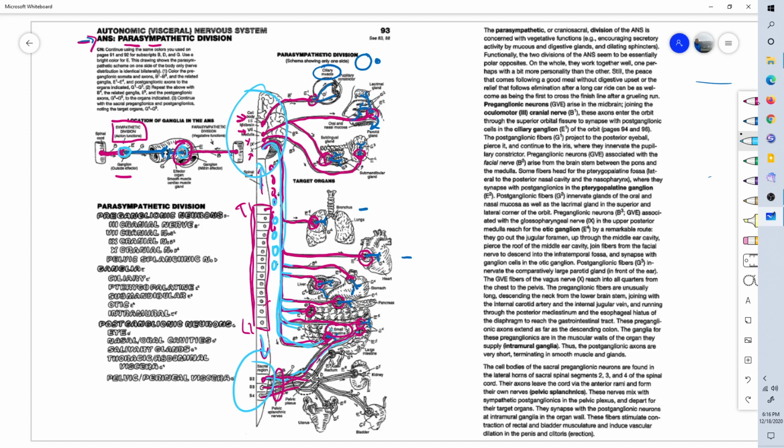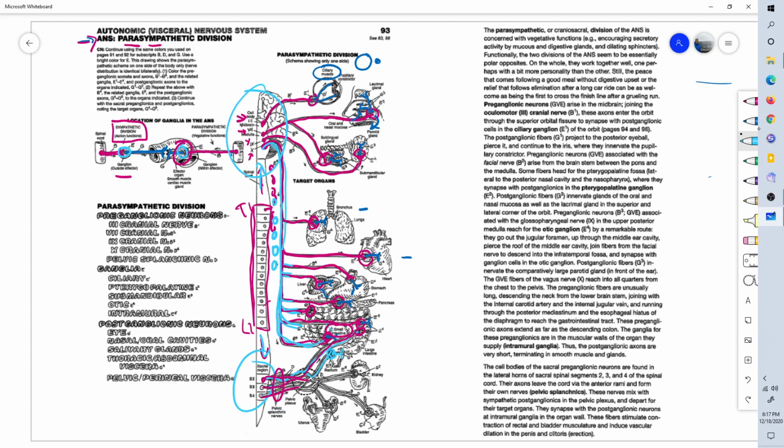So here we go with some more sacral nerves branching off of the splanchnic nerves from the pelvic area and innervating the rectum. This is the ganglion inside the rectum. Of course, we have the synapse occurring here and the very short postganglionic neuron to the rectum.